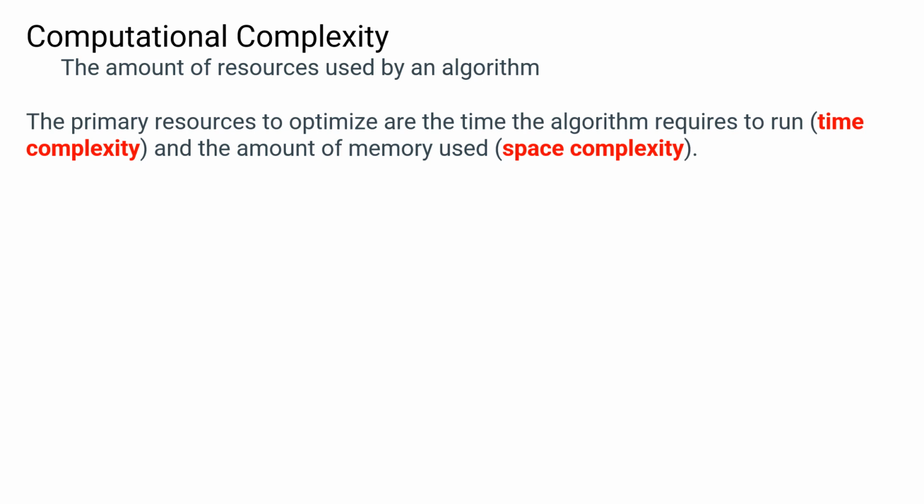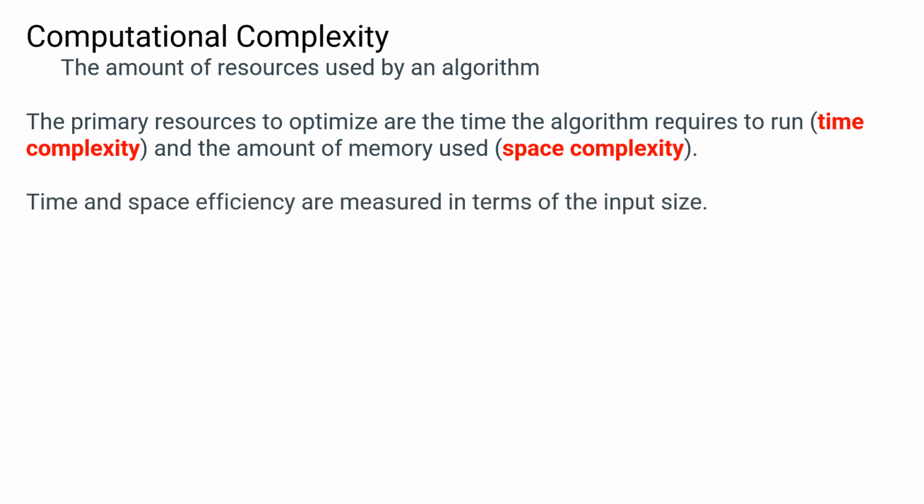That's the space complexity. Those are the two that are the most important as far as needing to optimize for running an algorithm. And each of them would be determined by the size of the input.